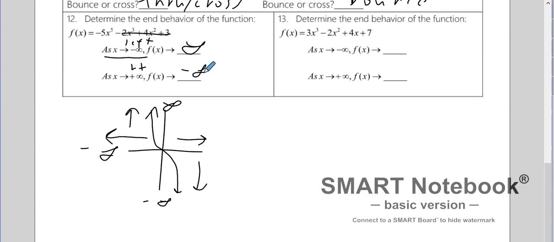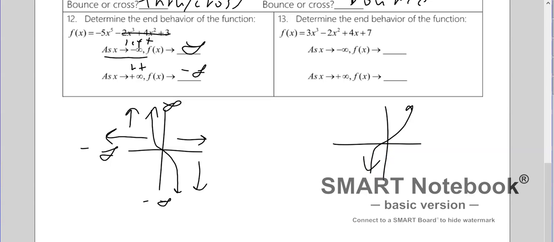All right? Now, we just determined number 12 was a 5, but it looked just like a 3, correct? So number 13, I could graph this, but I should have an idea from looking at number 12 that if it's a positive version, it's going to do something like this. I don't really care specifically right now because I'm just looking at the end behavior.